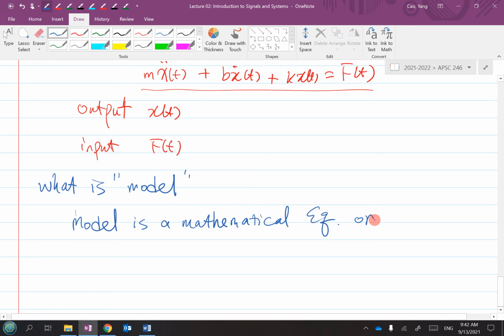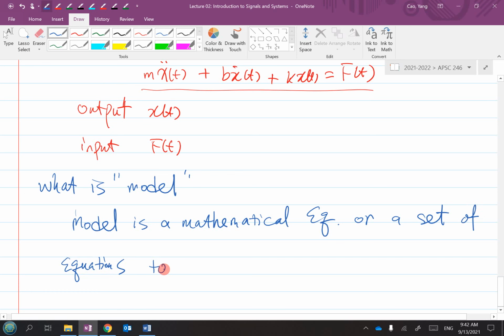Or maybe not just one equation. Maybe it's a set, a few more equations working together, especially when you have a multi-input, multi-output system. So there might be a set of equations.